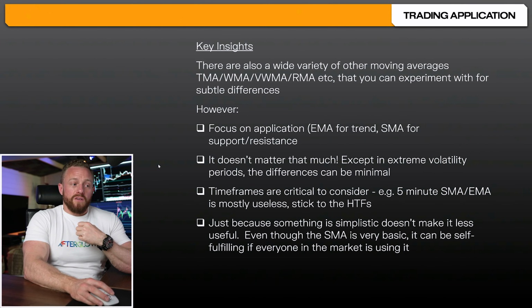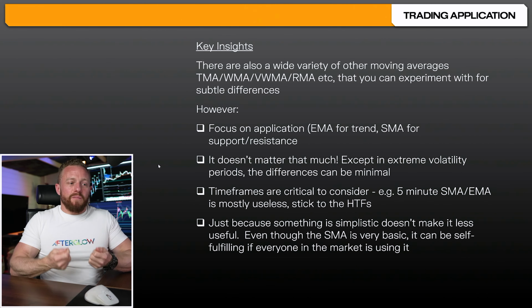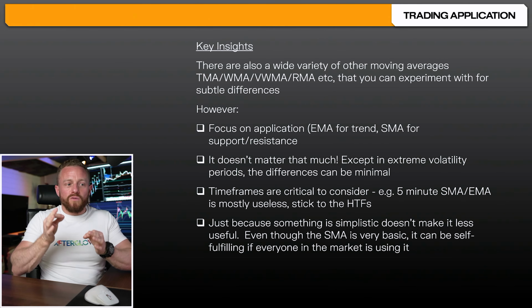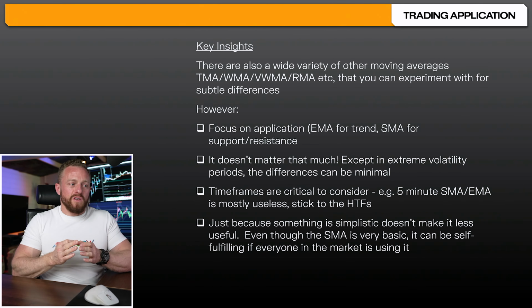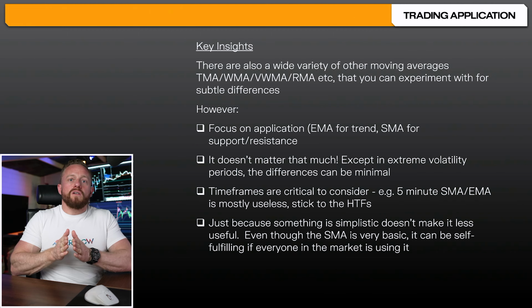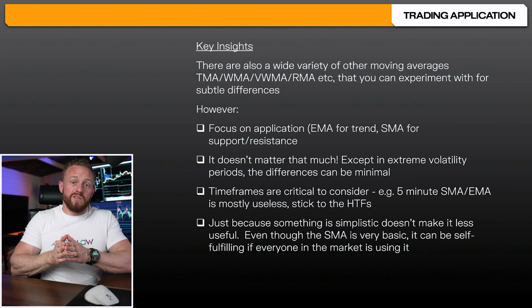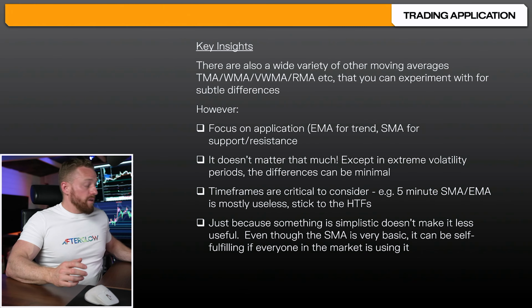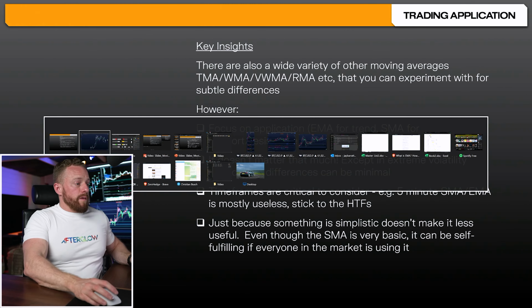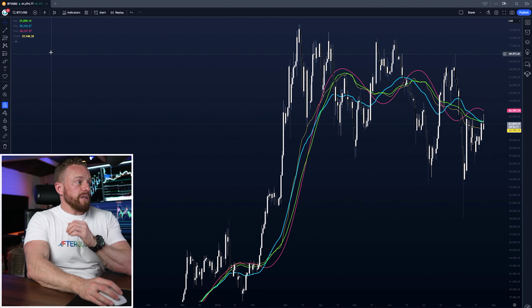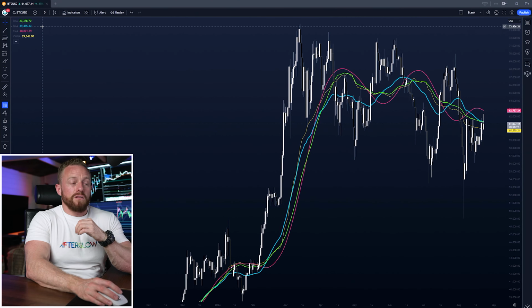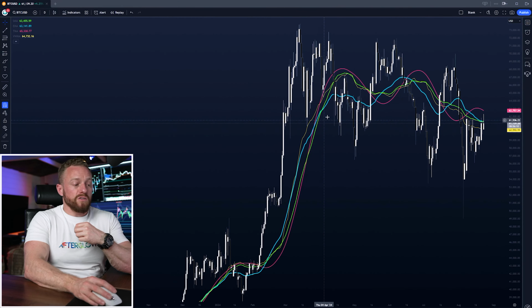The second thing is, it doesn't actually matter that much, all these technical tiny differences, because unless you're in very extreme periods of volatility, the differences can actually be quite minimal. For example, I've added on the chart here the SMA, the EMA, the TMA, and the volume weighted moving average, all in these 4 different colors.